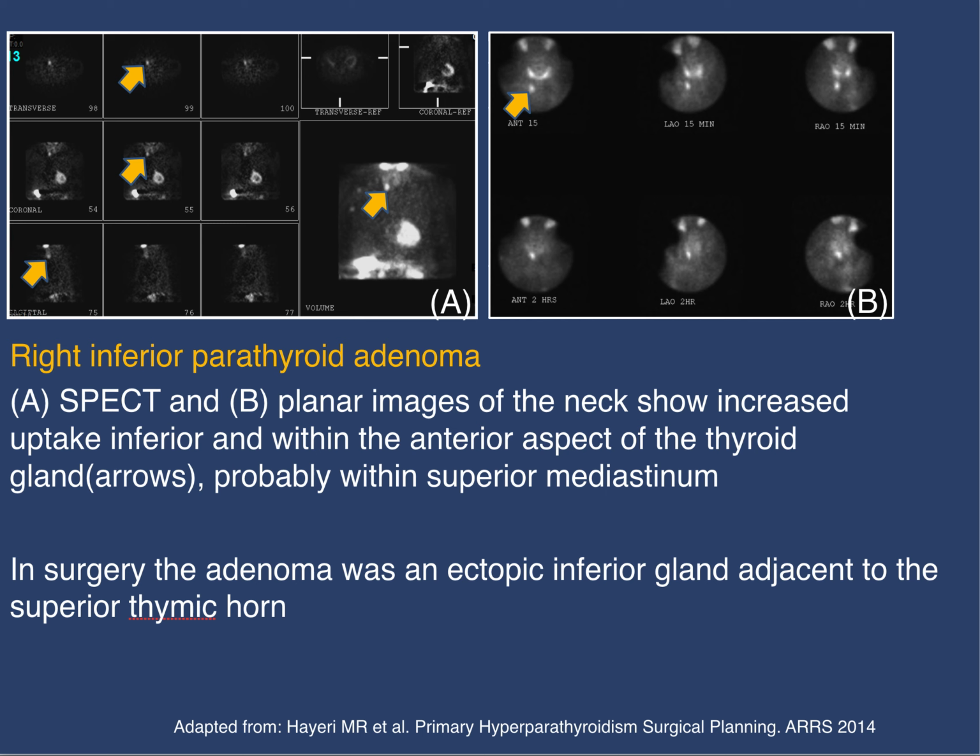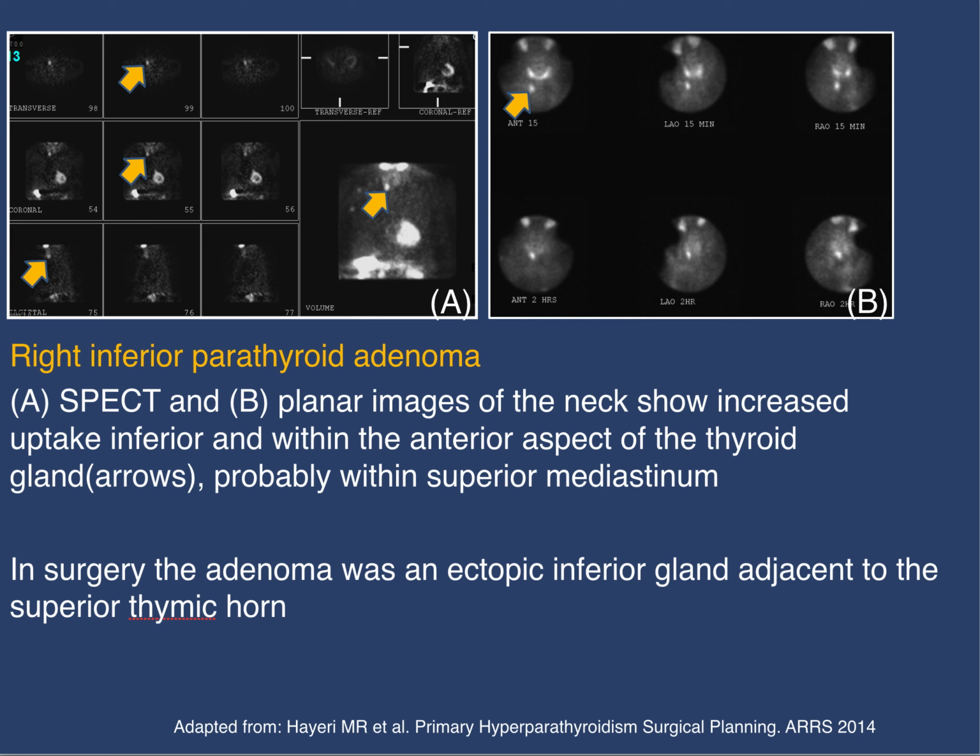So this is an example of a slightly ectopic gland, and we can see that these are the images that were acquired with cardiac SPECT.